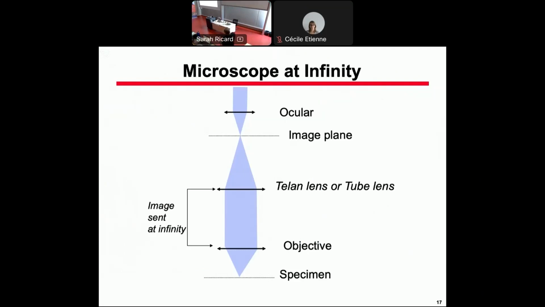The trick is simply that if you want to insert optics features, whatever you want, it's always better in optics to work in parallel light, which is not the case in the 160 design. And nowadays, all the modern research microscopes are infinity type, which helps a lot for designing new microscopes.